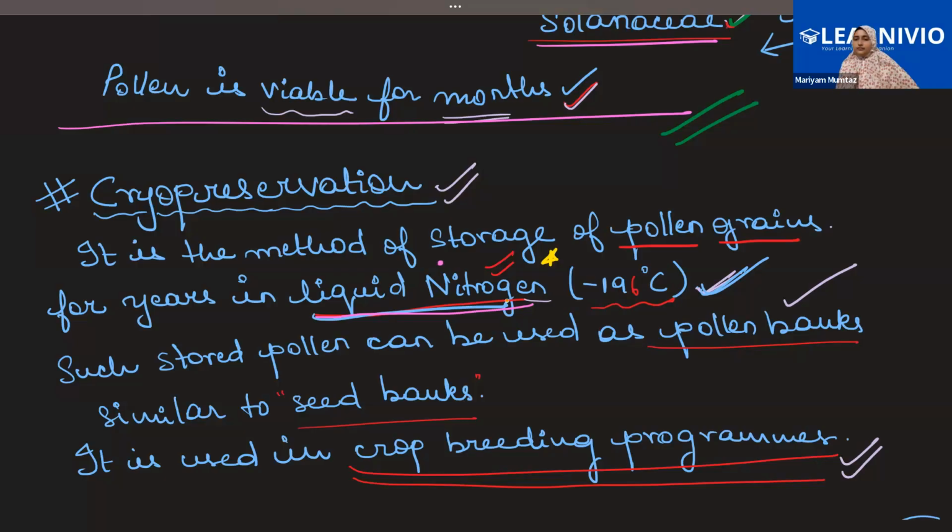Diploid to haploid. Exactly. If I say microspore tetrad, how many cells are there? 4. And if I say microspore dyad, how many cells are there? 2. Correct.